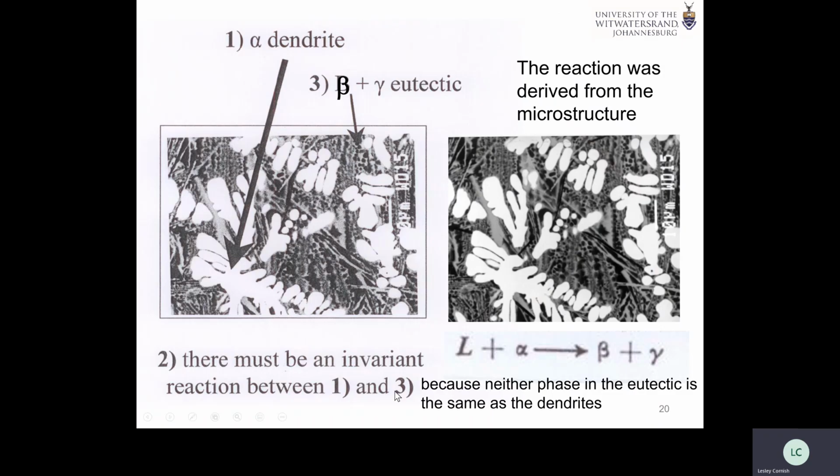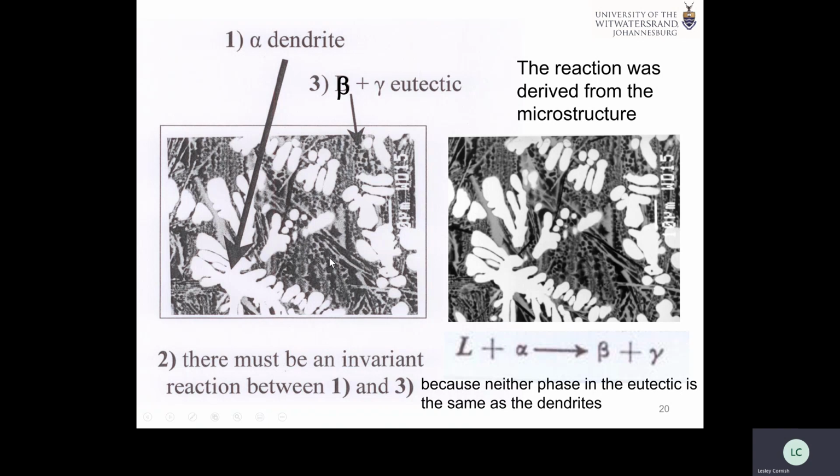Here's another example. Here's an example of that weak ternary peritectic. Liquid is reacting with alpha to form beta plus gamma. So here we've got dendrites of alpha, and then you've got what looks like a eutectic around it, but this phase is not the same contrast as that phase.